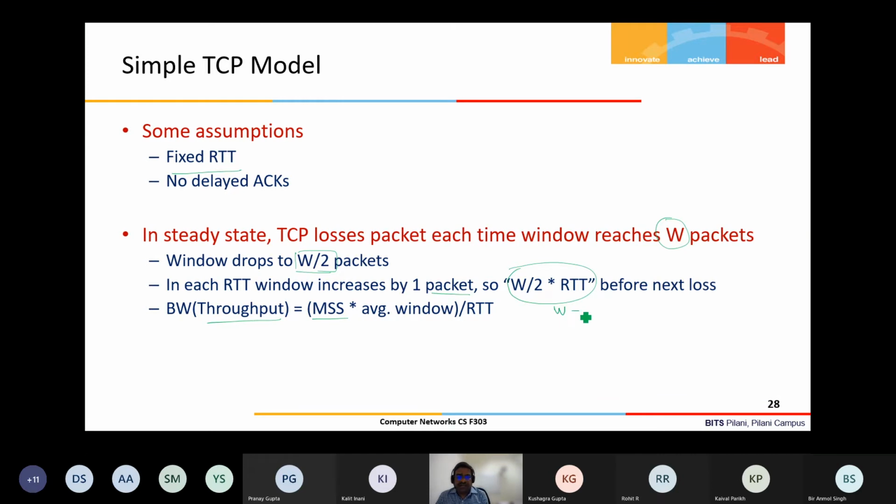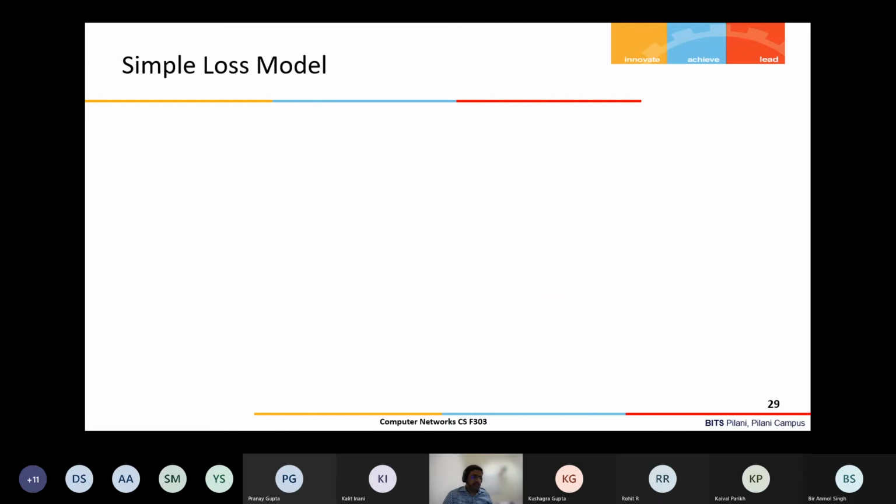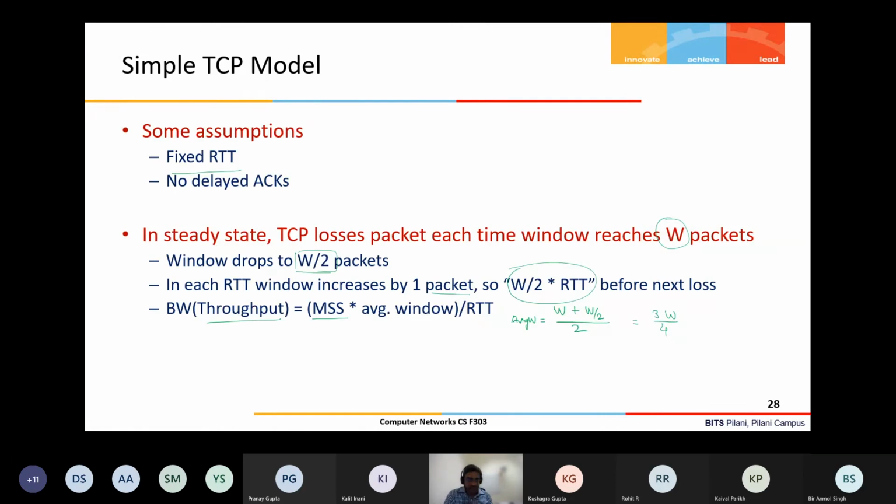That we have already calculated: the average window is (W plus W by 2) divided by 2, that is 3W by 4. So if we put this 3W by 4 in, I can write 0.75 W into MSS by RTT. That is my throughput.